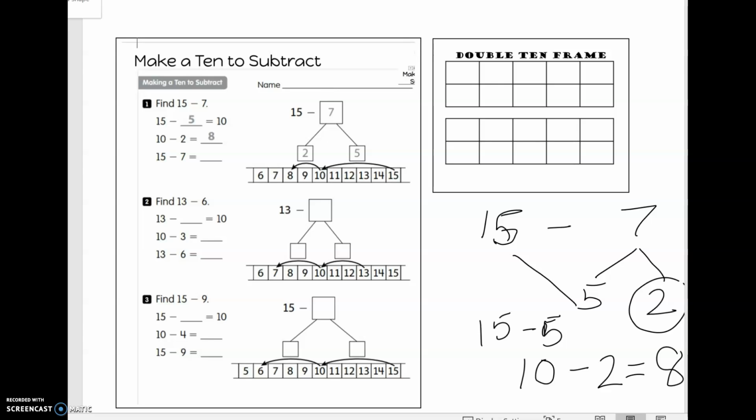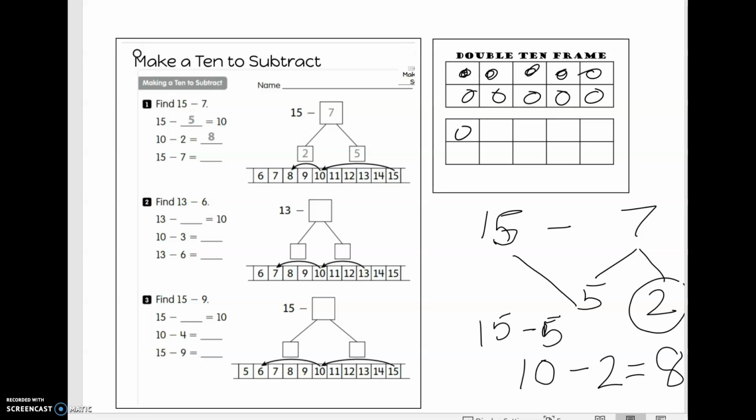So if I had to put this on a double 10 frame, I would have 15. So I'd have 1, 2, 3, 4, 5, 6, 7, 8, 9, 10, 11, 12, 13, 14, 15. So if you look on the double 10 frame, I have 15 circles and I need to make a 10 first.